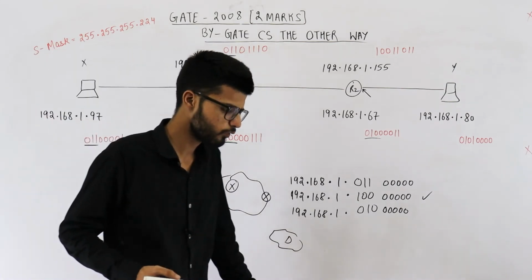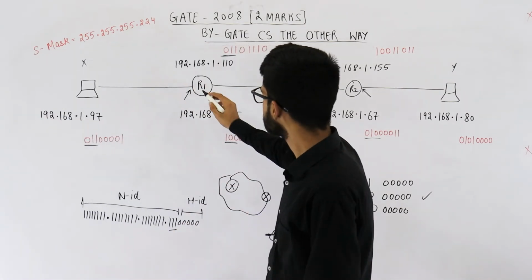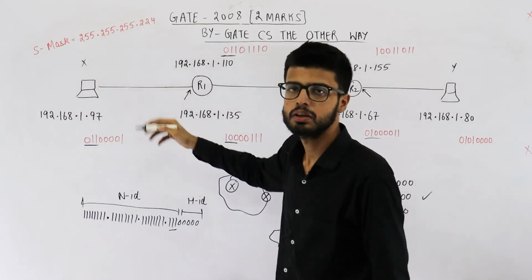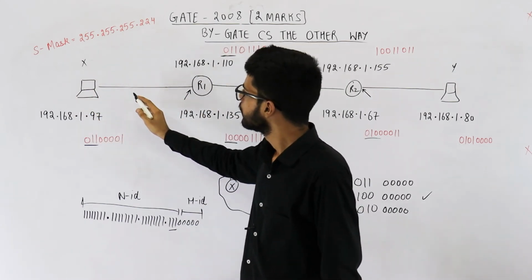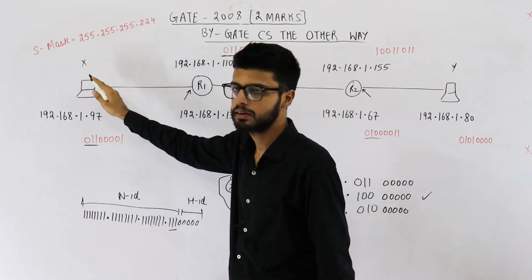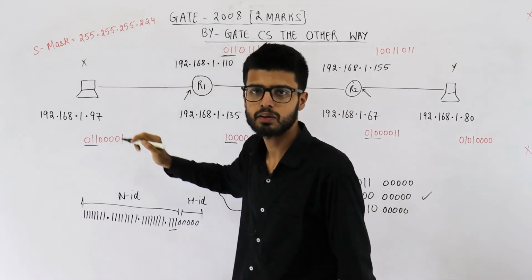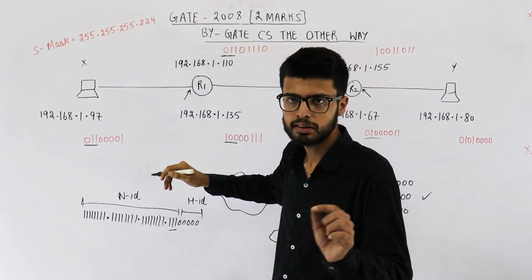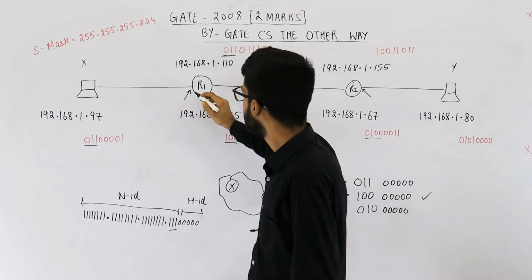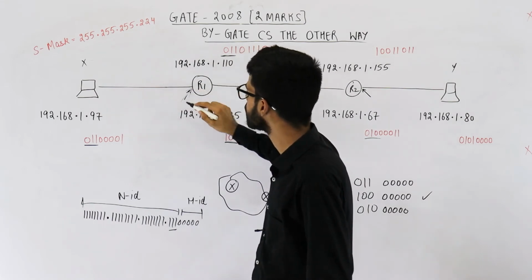Now I have already told you that this interface is going to get an address from this network, which means X already has an address from this network only. This interface will also have an address from that network. This means the network ID of this IP address and this IP address must be the same.